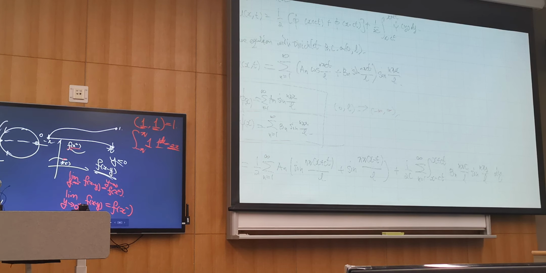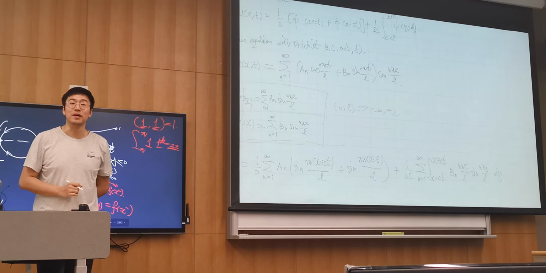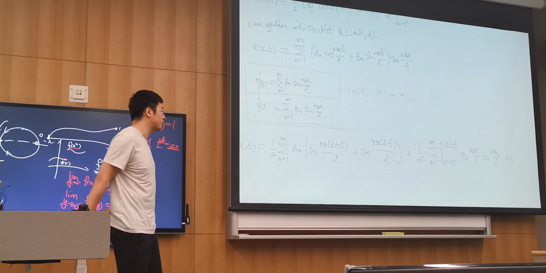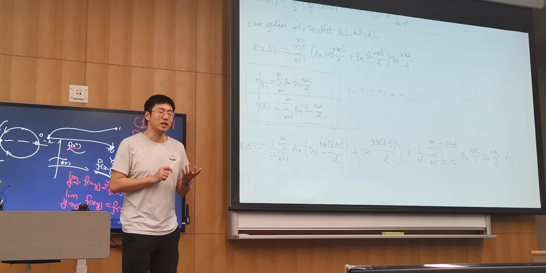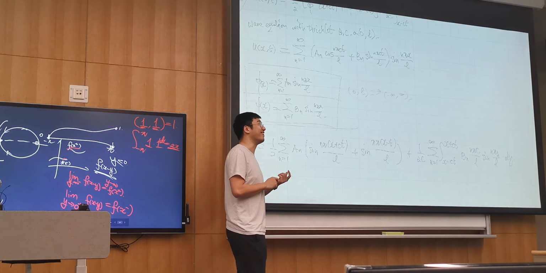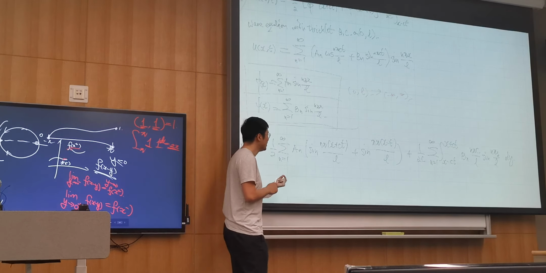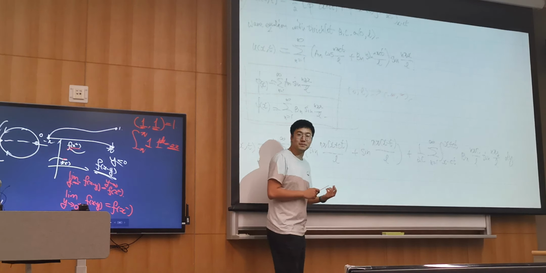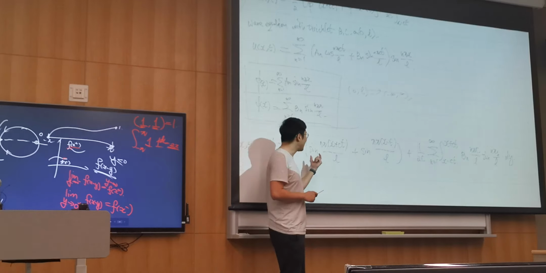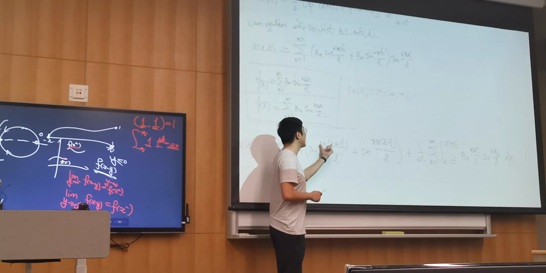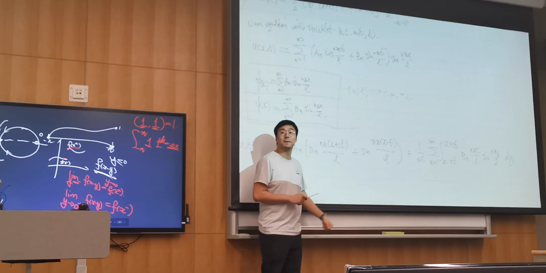Of course, the bracket can be opened, right? Sine n pi (x plus ct) over L, that actually should equal to something like sine, cosine. So that should be sine m pi x cosine m pi ct, plus cosine m pi x sine m pi ct.